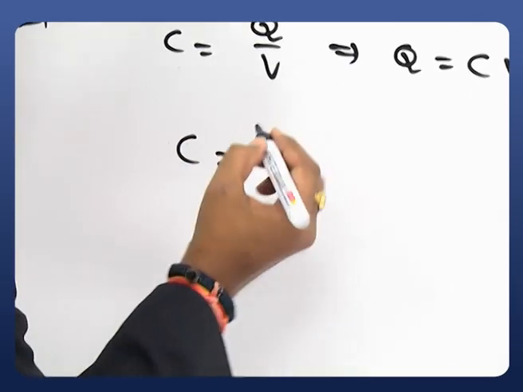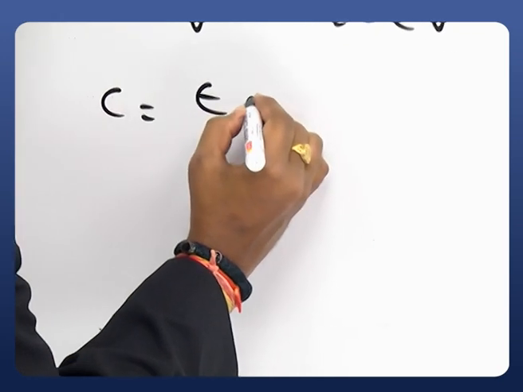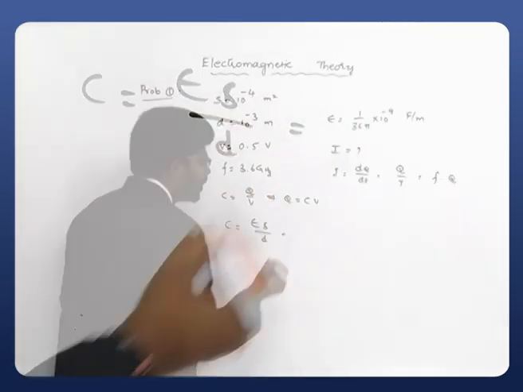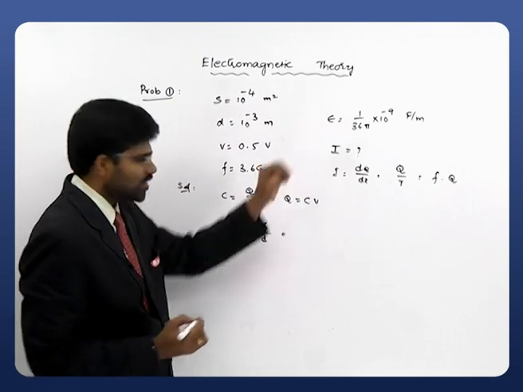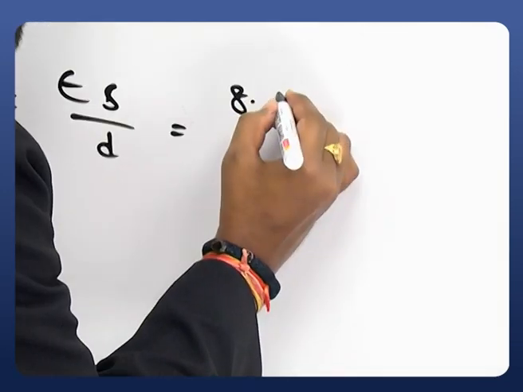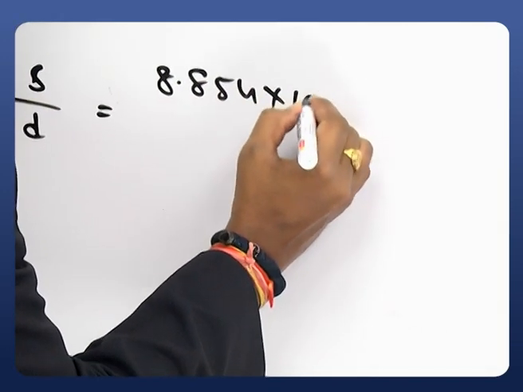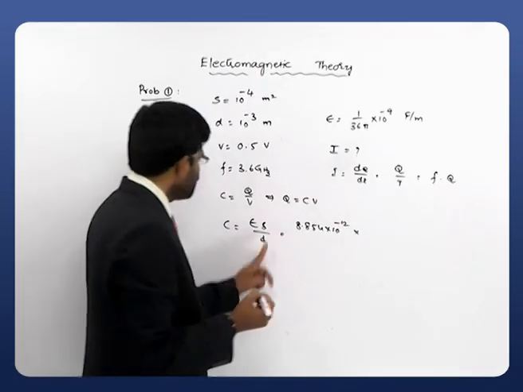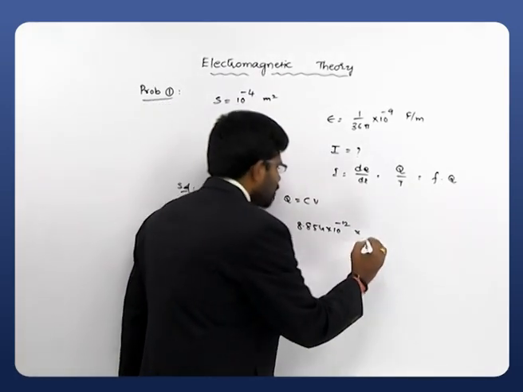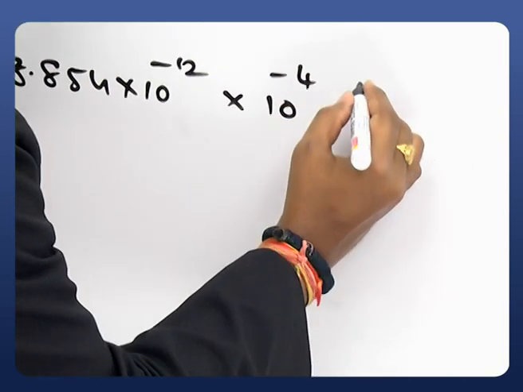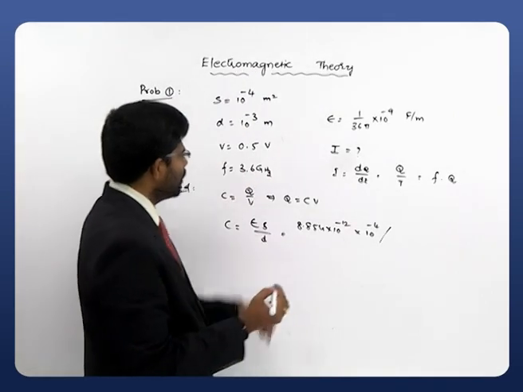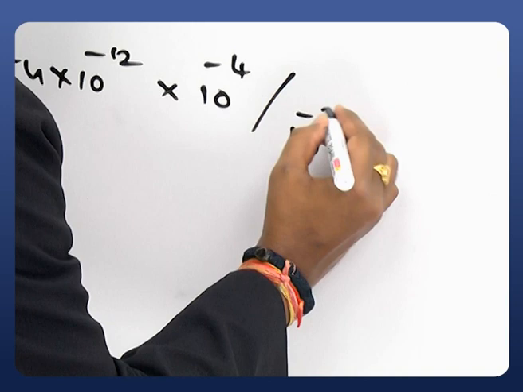Capacitance for a parallel plate capacitor is epsilon S by D. That epsilon is nothing but epsilon naught, which is given to us, so I write here 8.854 into 10 power minus 12 into S, which is 10 power minus 4, divided by D, the distance between plates, 10 power minus 3.